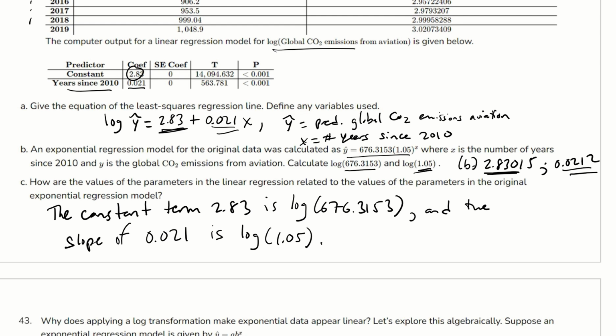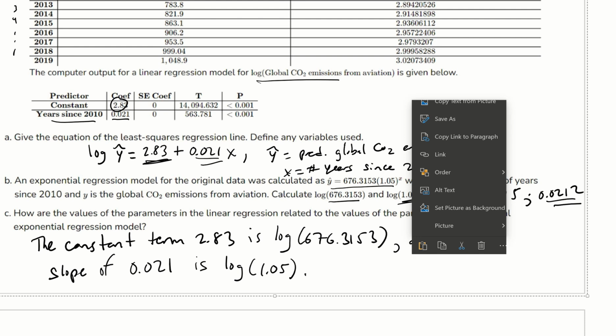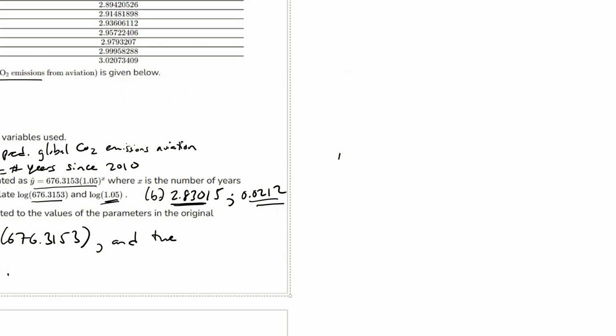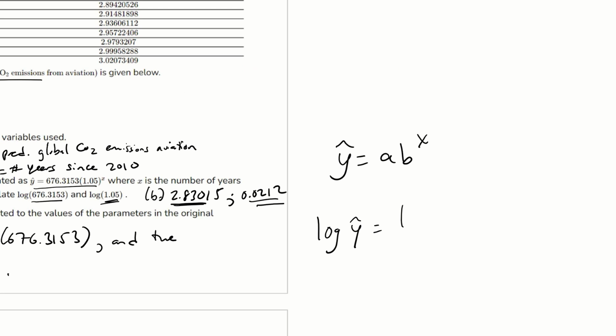Okay. So in other words, if you have the exponential equation, you can get the constant term and the slope by doing the log of each of those things. That makes sense because y hat equals a b to the x power, and we said earlier that you get log of y hat equals log of a plus log of b x.